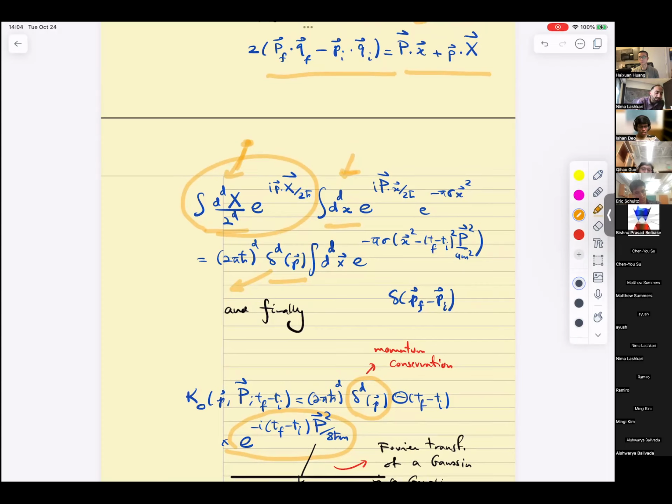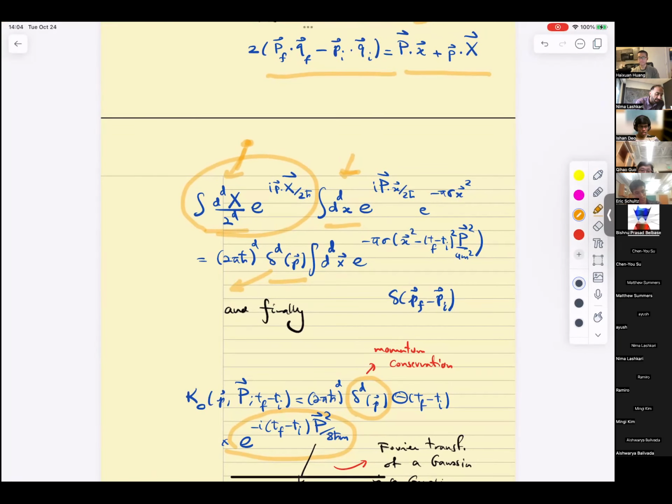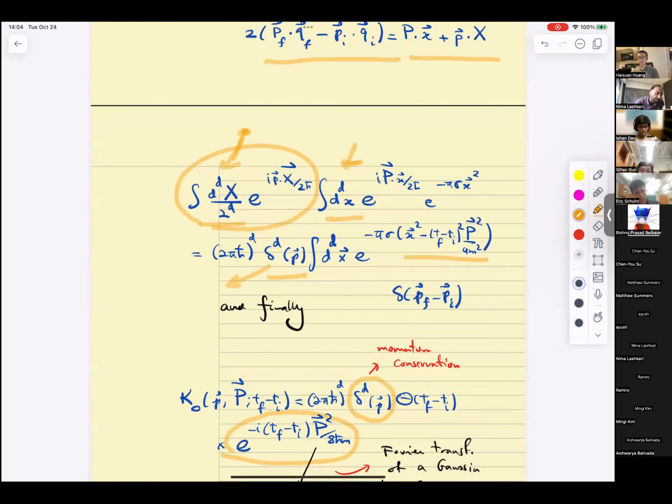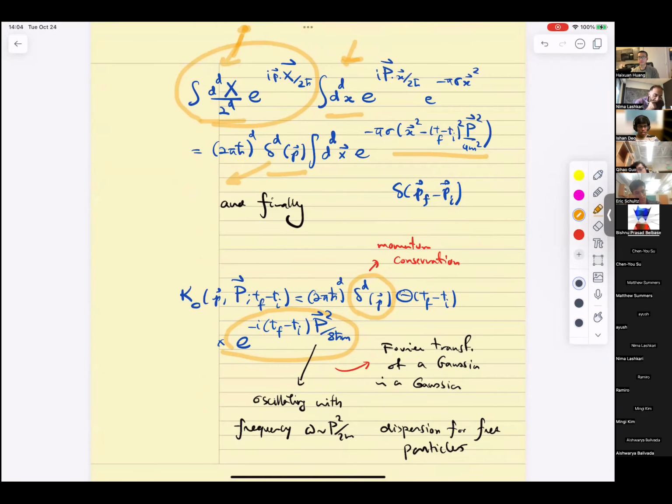Then the other integral is a little bit trickier, but it's still a Gaussian. You do the integral, it's not all that complicated. It's a Gaussian integral. You do it by completing the square. The final answer is going to look like this. 2 pi h bar to the power of d, where d is space dimension, okay? Momentum conservation is, of course, there. This little variable P is P of F minus P of I, right?